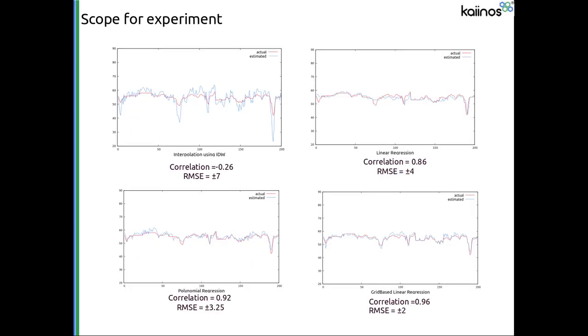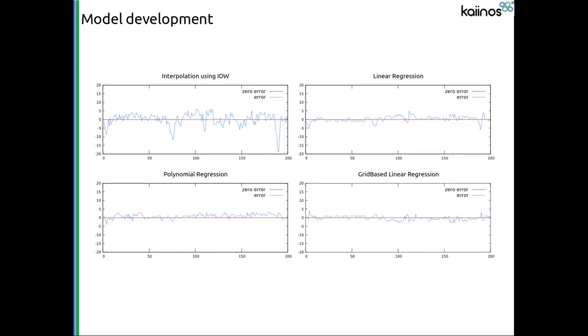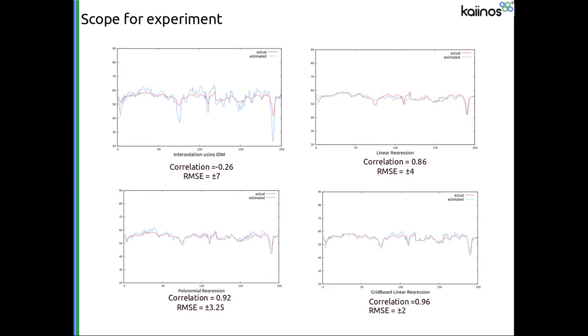With inverse distance weights, we got an RMSE of plus or minus 7, but with the grid-based linear regression, it was plus or minus 2. So grid-based was really good, where the predictions and the actual data were really accurate. Plus or minus 2 for crop health detection might be good enough.